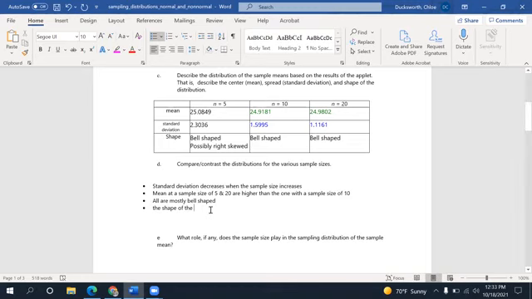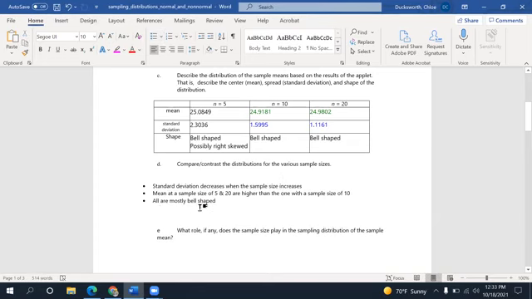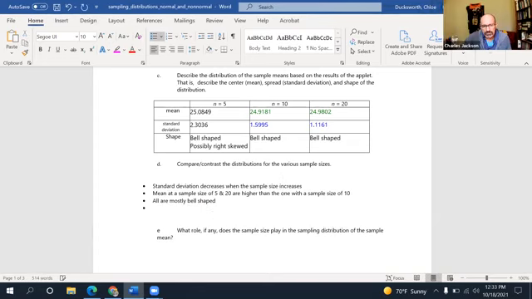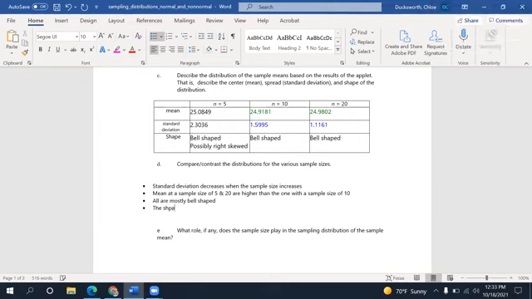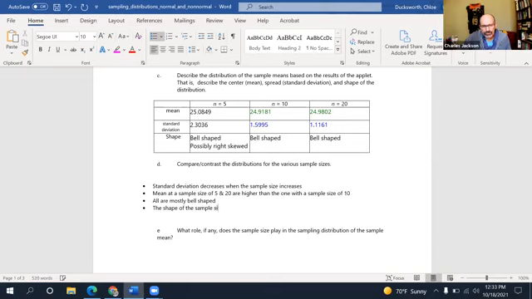The shape of the sample of size 5 is possibly right skewed. The shape of the curve, which seems like a kind of normal curve, which it is.